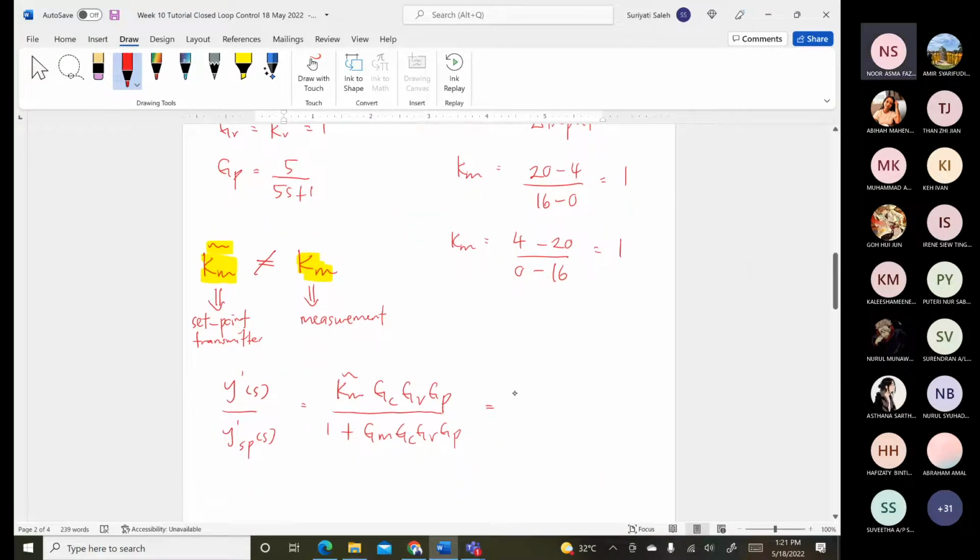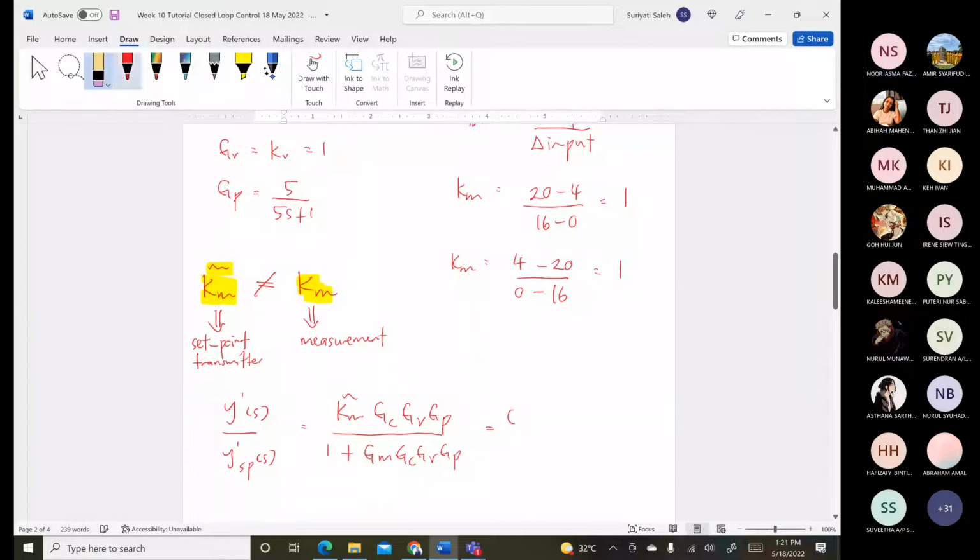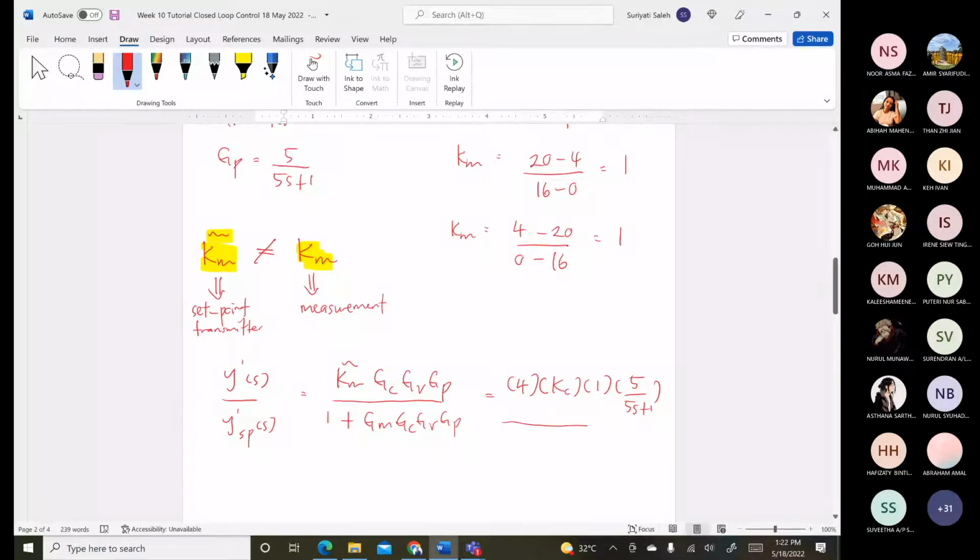So we include all of the transfer function. Multiply with the GC is KC, GV is equal to 1 and your GP is 5 over 5S plus 1, divided by 1 plus the GM is equal to KM.